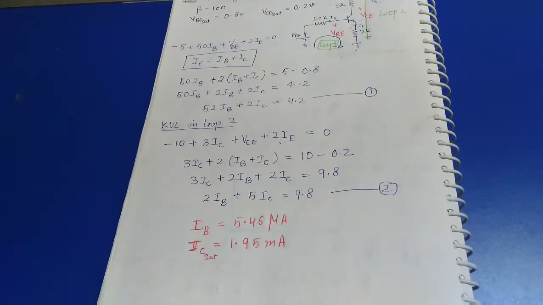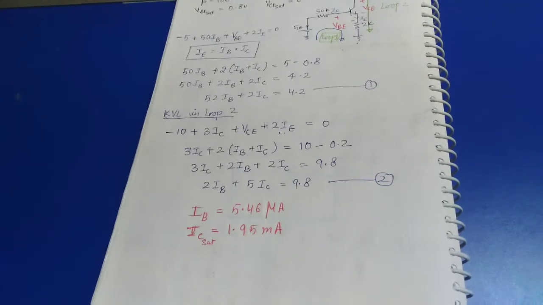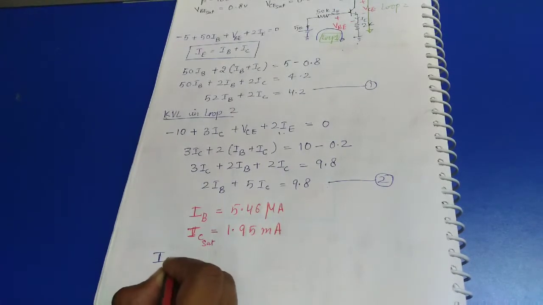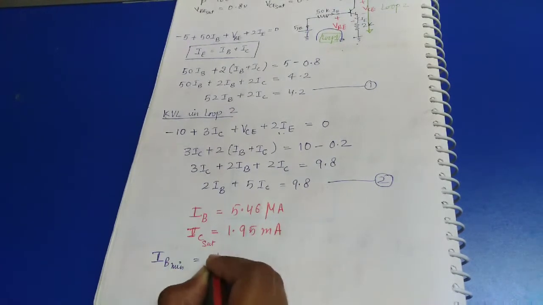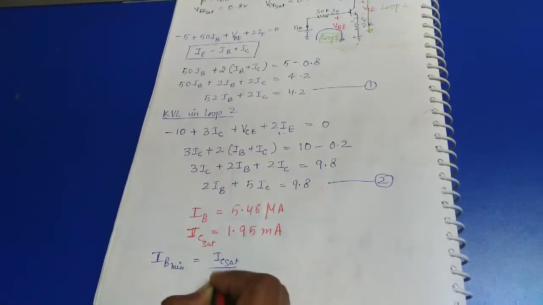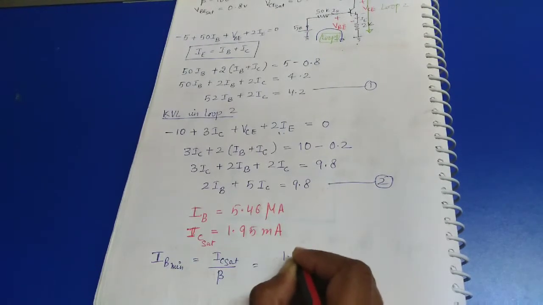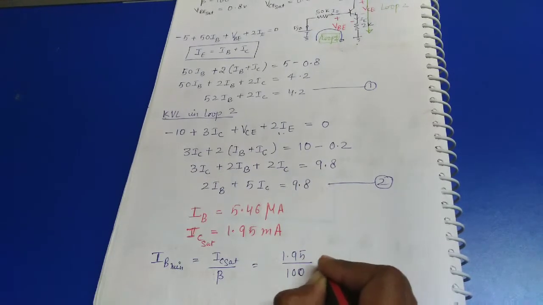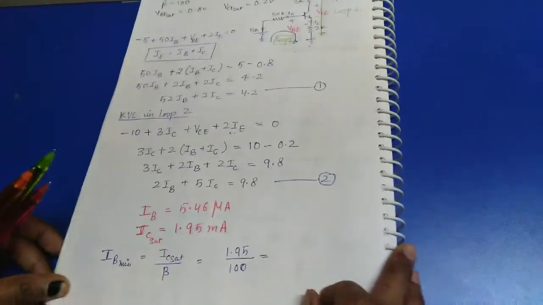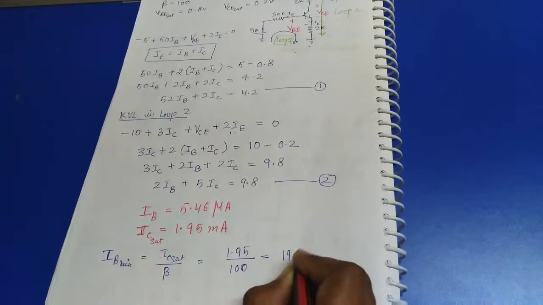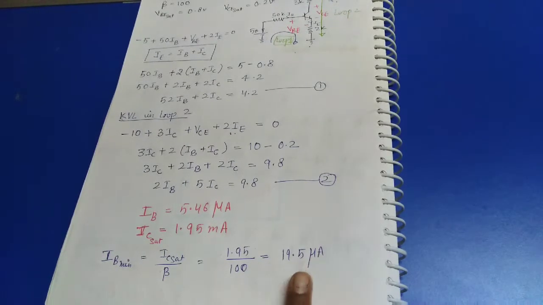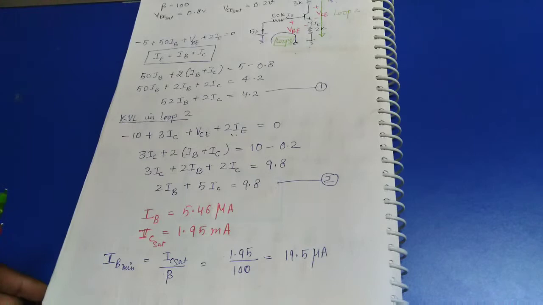Our third step is to calculate IB minimum. IB minimum equals IC saturation by beta, and it becomes 1.95 by 100, which is 19.5 microampere. Be careful with the units, guys, always.